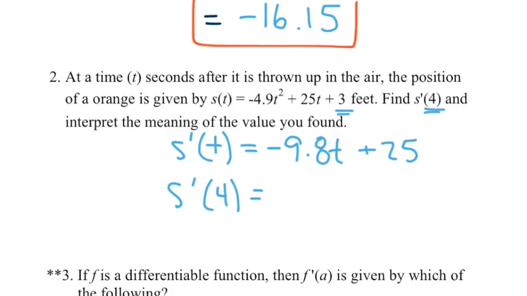So now we're going to plug 4 in to t, and we get negative 39.2, I believe, plus 25, which is going to be negative 14.2.